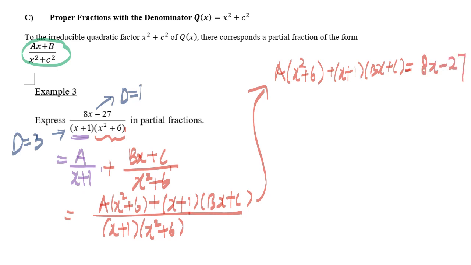I'm going to use substitution. Let's make this equal to 0. If you let x plus 1 equal to 0, then 0 times bx plus c, you would eliminate your b and c. So we're substituting x equals to -1.